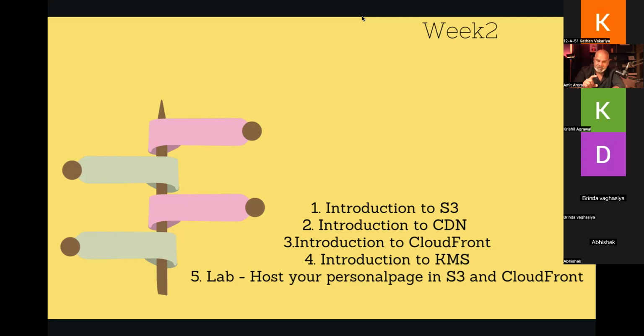And in this lab, which I'm going to talk about this week, we will move our personal portfolio page, which we designed on EC2, to S3. So instead of hosting that personal page on EC2, you will now host that on S3.